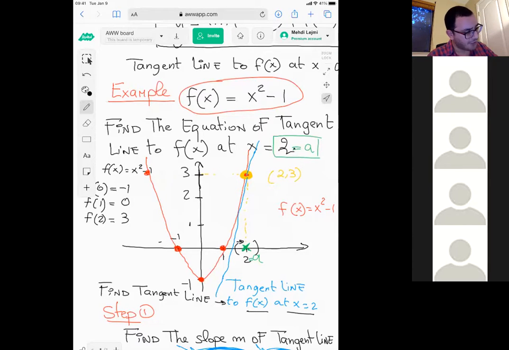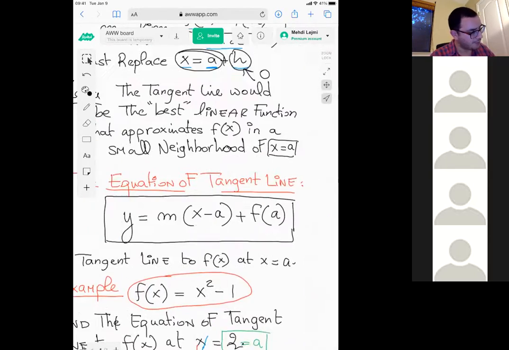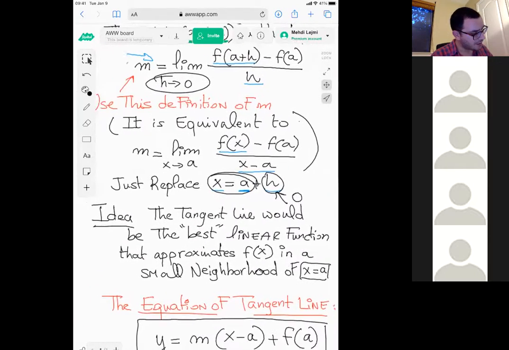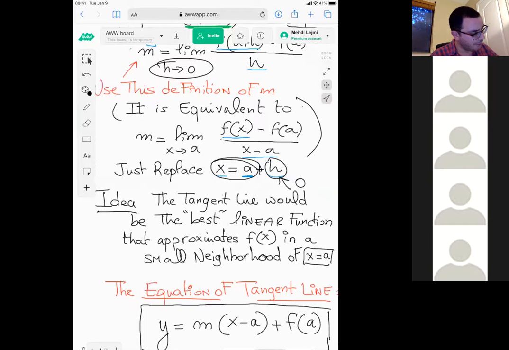That's exactly the second definition I gave for m, where I said x going to a, which is equivalent to the limit with h going to 0.